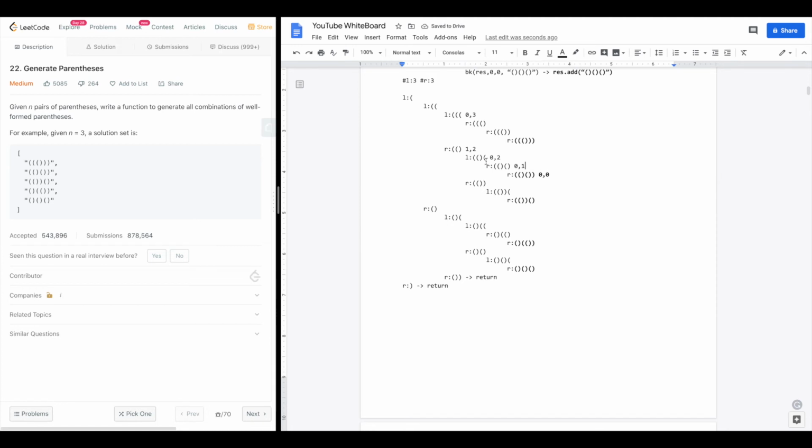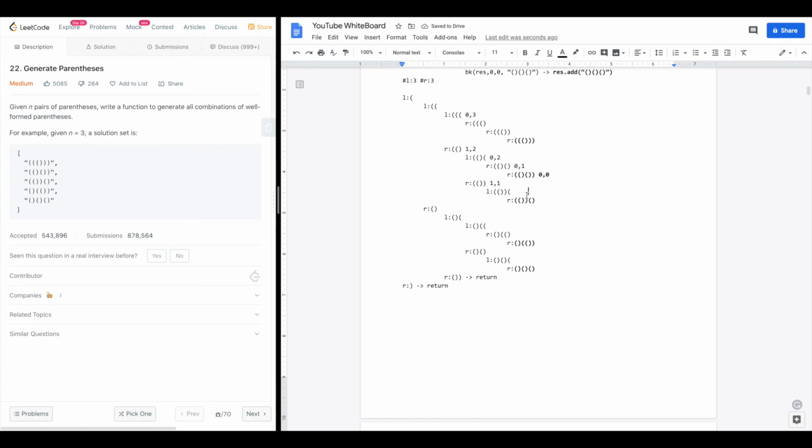And for this one, we can either add the left parentheses or the right parentheses, right? And for the second one, we can add the right parentheses. That means what's remaining for us is one left parenthesis and one right parenthesis.